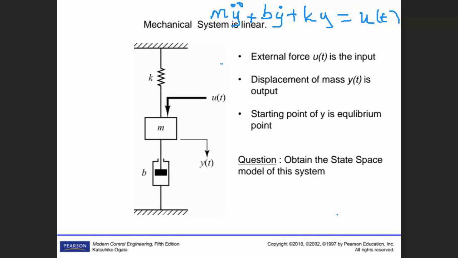U is the external force, and this displacement is y, and it's also an equilibrium point, so there is no initial stored energy, particularly in the spring here. Obtain the state space model. So this is our model in time domain.